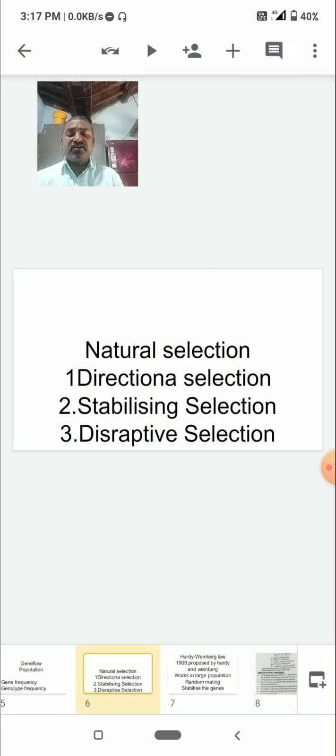This selection pressure removes the average of the phenotypic distribution in the population. Hence, the phenotype moves away from the average towards the ends of the population distribution. Here in disruptive selection, one population is divided into two according to environmental changes.